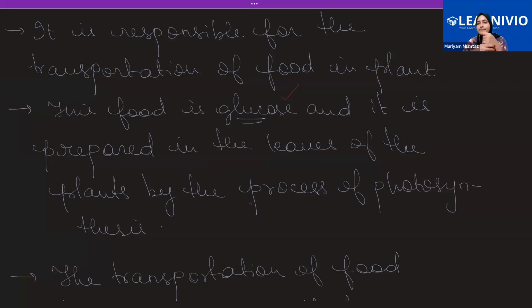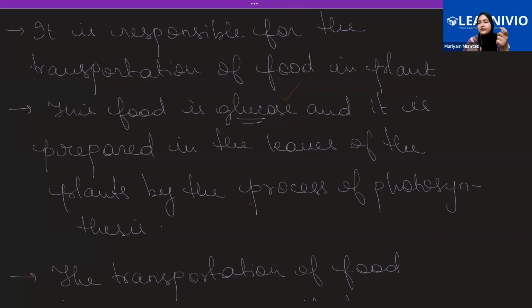Because they contain chloroplast, which contains chlorophyll. Very good, exactly. The reason why the food is synthesized in the leaf is because the leaves contain specialized cells or specialized plastids that are called chloroplasts. And the chloroplasts are those plastids that contain the pigment chlorophyll. And this chlorophyll is the green colored pigment, which is very important for photosynthesis.